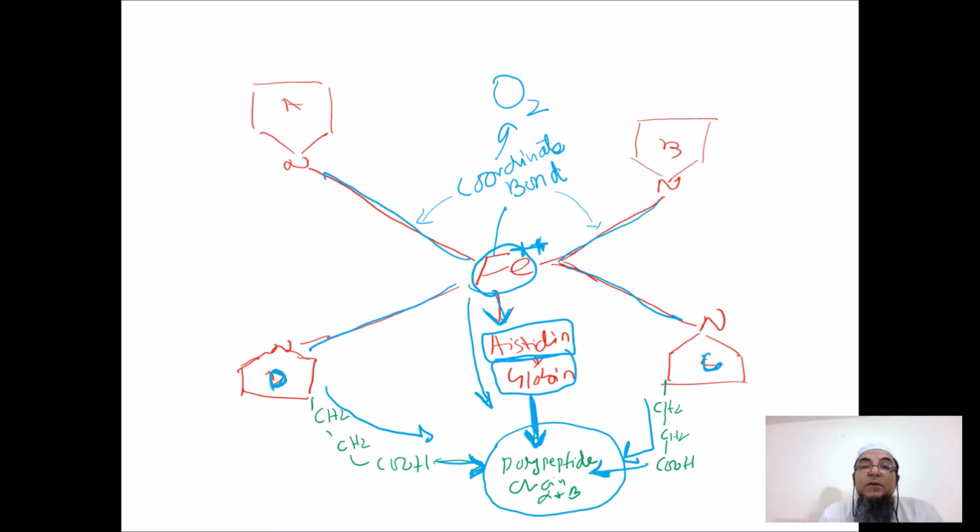The 6th valency of the iron, with the help of a coordinate bond, is connected with the oxygen molecule.